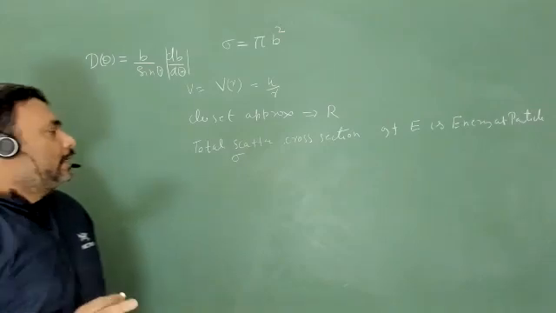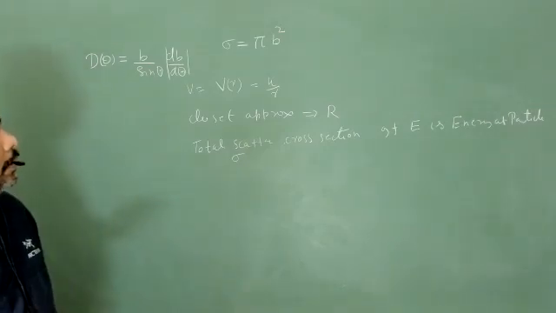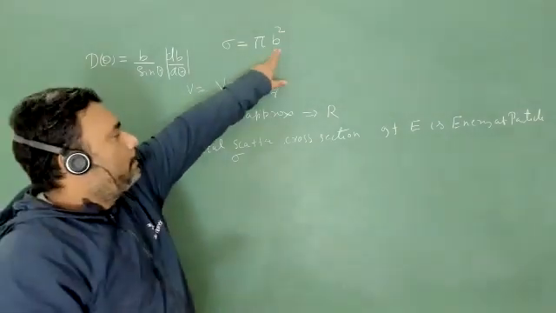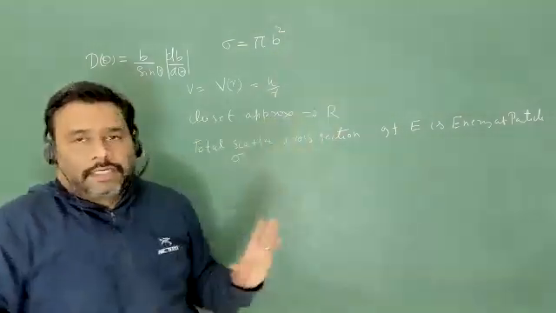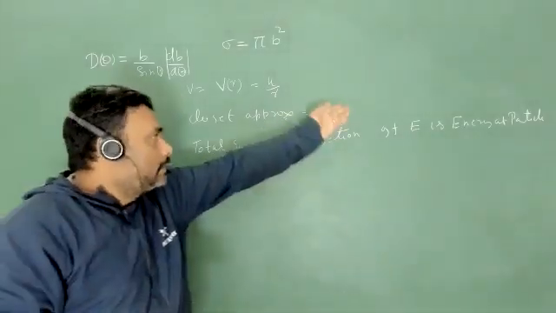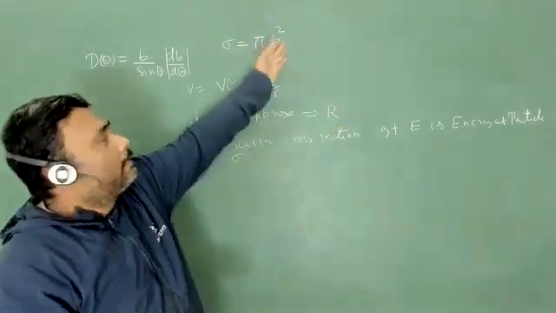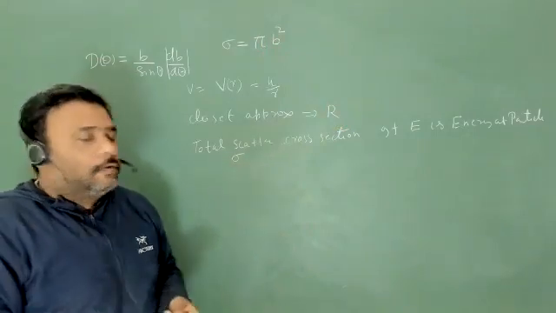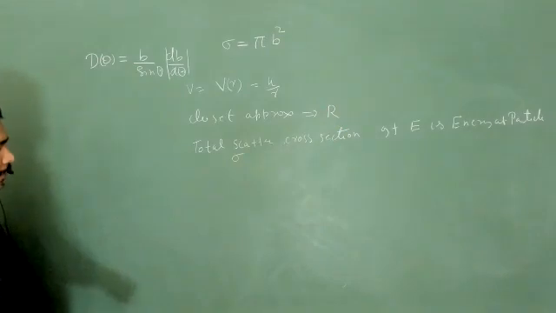The main idea is that we have to write the value of b, the impact parameter, as a function of R. Or sometimes they will ask for the closest approach as a function of b. They may also ask this question. Okay, so let's see what is going to happen.